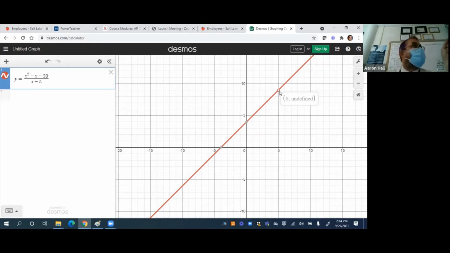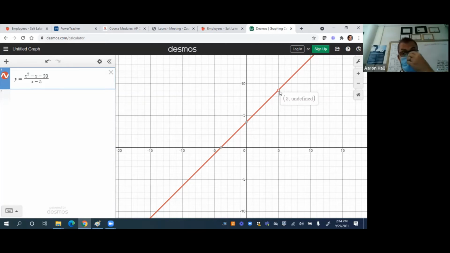It has an x value, which is your left-right value, and a y value, your up-down. What is the point that I could put in there so it wouldn't be discontinuous anymore? Yeah, 5,9. Do you agree? 5,9 would take care of the problem.